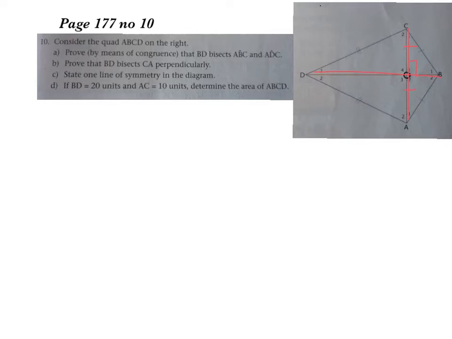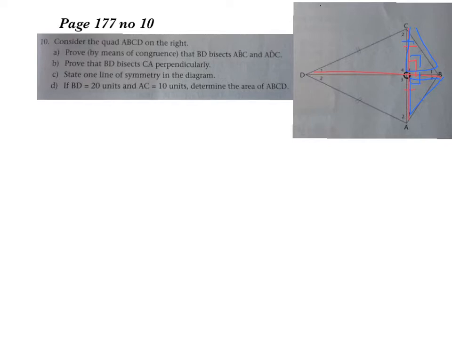So we can do this a couple of ways. I think the way I'm going to try and do this is to prove that this triangle is congruent to that triangle. If they are congruent, it means that CO is equal to OA, so that DB has bisected it. It'll also mean that angle COB and angle BOA are equal, and because they're on a straight line, that'll mean that they have to both be 90 degrees.